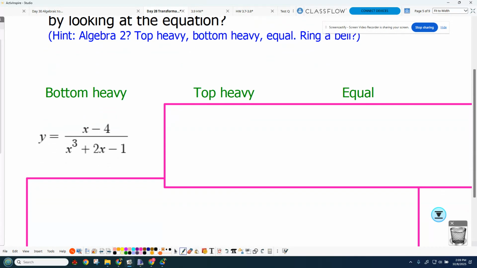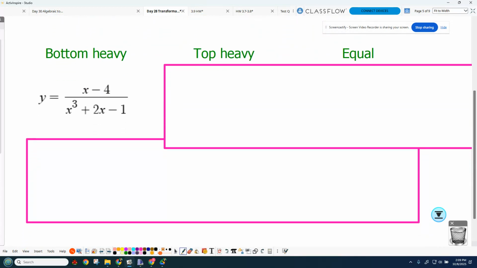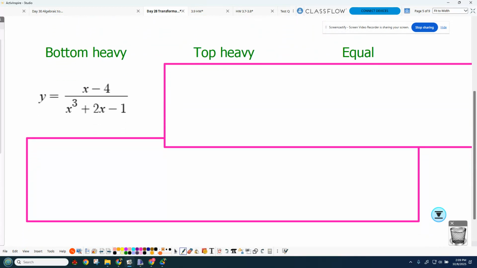More x's in the bottom? Okay, yes, excellent, thank you very much. He says because there's more x's, and I should clarify, the highest exponent anywhere in the function is in the bottom.